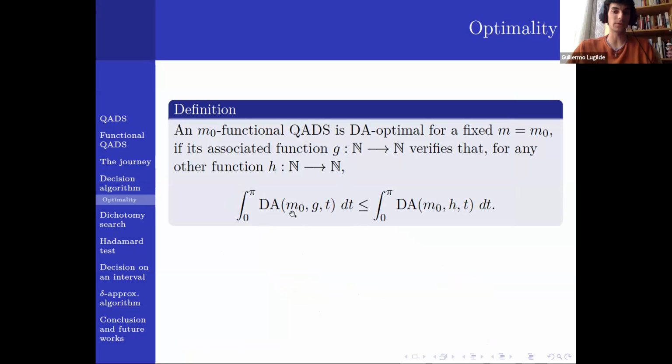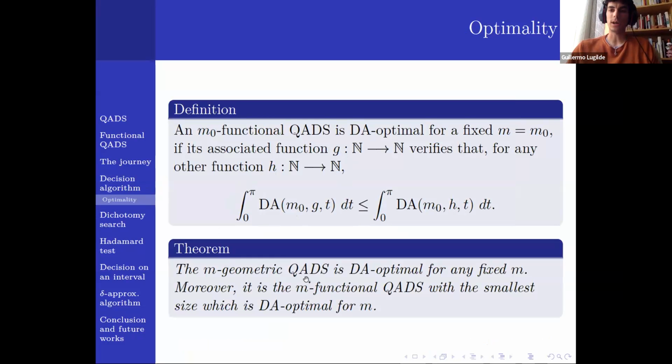And the definitive result: geometric quads are not only optimal for the decision algorithm, but they achieve the optimality with the lowest possible size. So they minimize the integral and the size too. It is now completely justified to base every algorithm on geometric quads when possible, right?